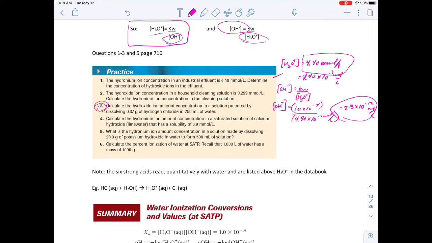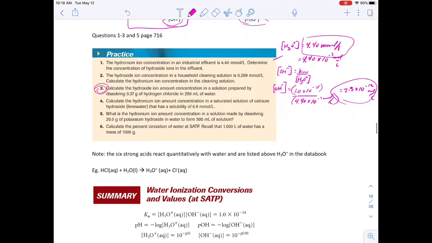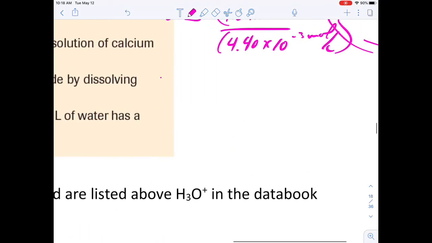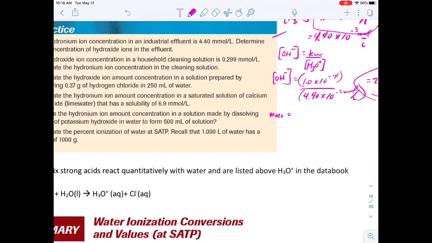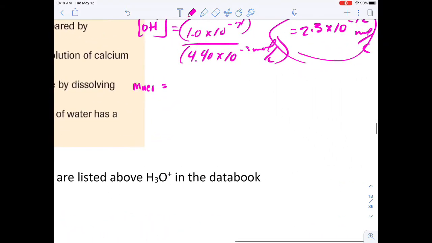So here we've got: calculate the hydroxide ion concentration in a solution prepared by dissolving 0.37 grams of hydrogen chloride. So our mass of hydrogen chloride is 0.37 grams.